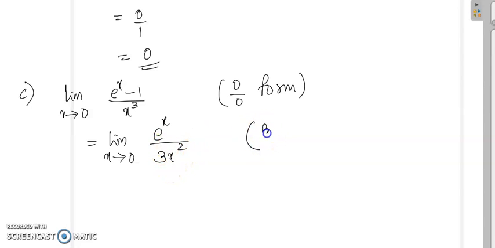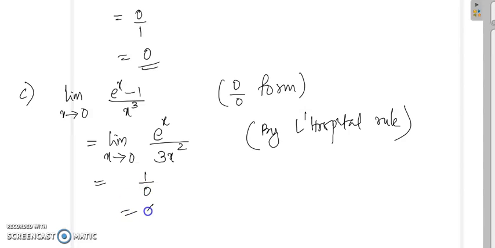So this is by L'Hospital rule. Now when you take the limit, the limit is in the form 1 by 0, so that is infinity. So the limit is infinite in this case.